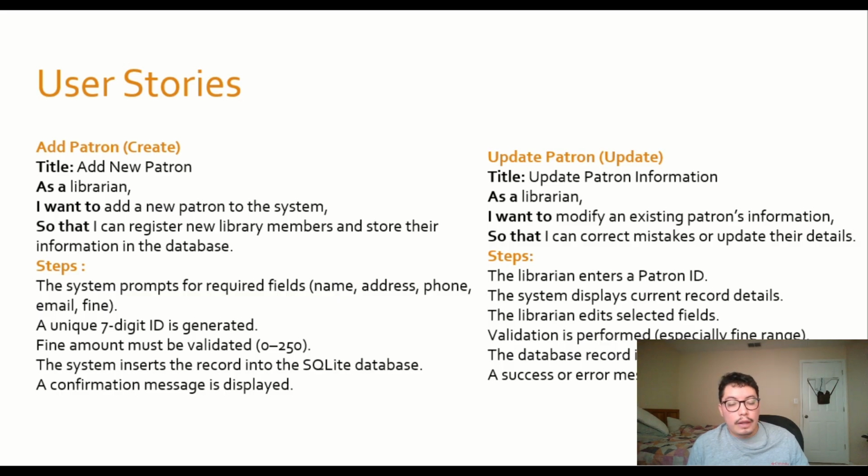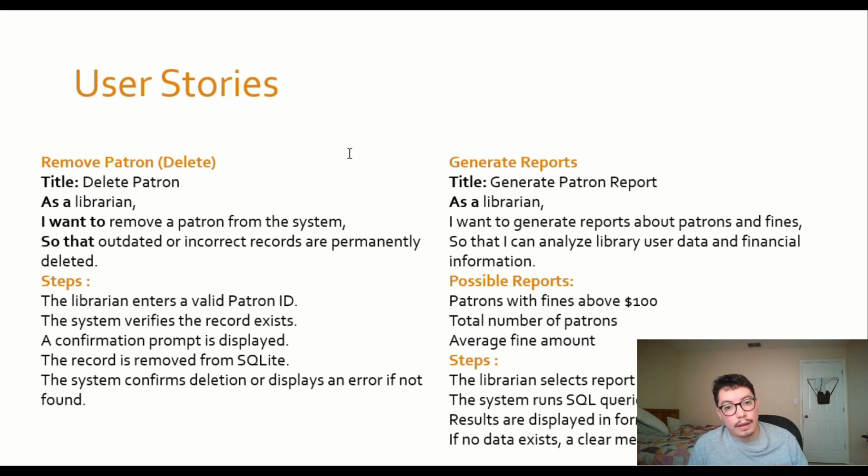If it's right, the user will see the information and it can be updated. In the next one, we're gonna see remove patron. It's similar to the update. We select by ID, and after that, we should see a successful message.